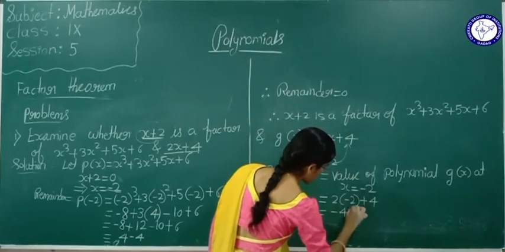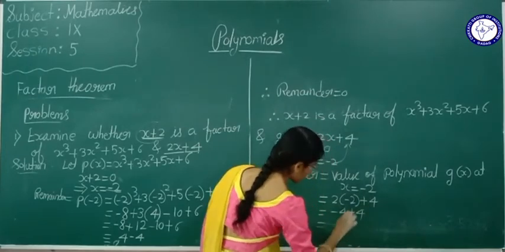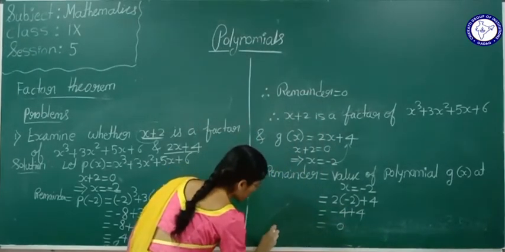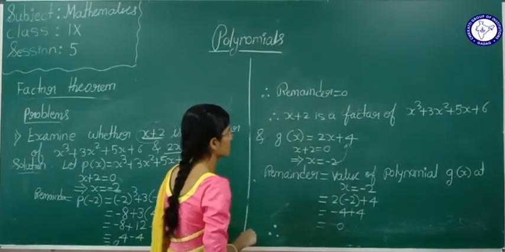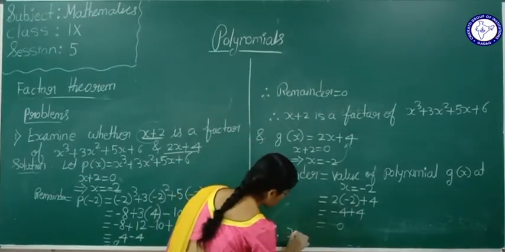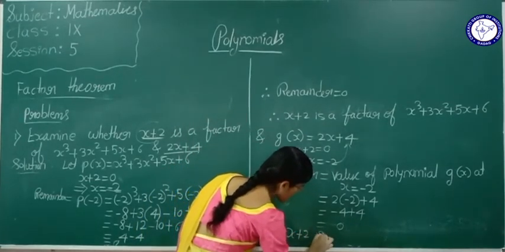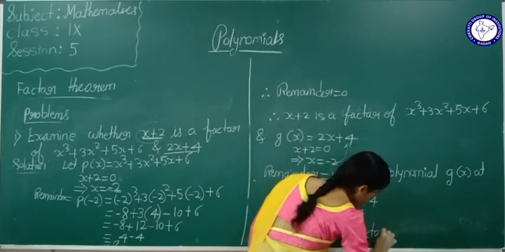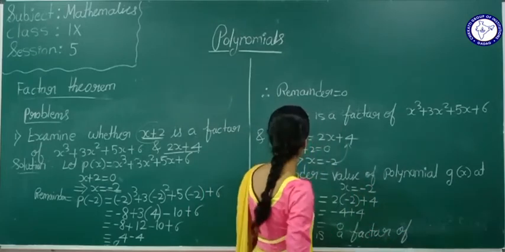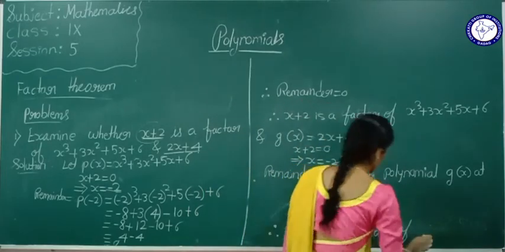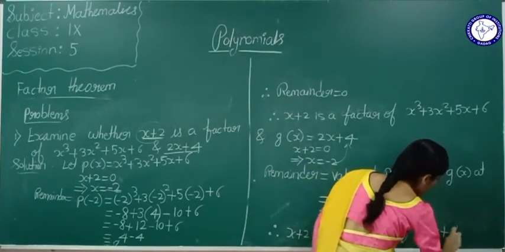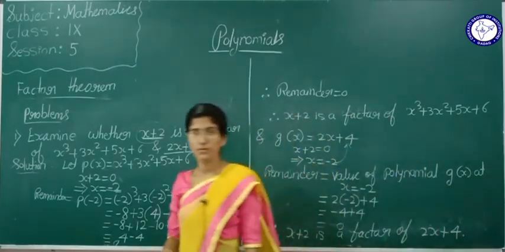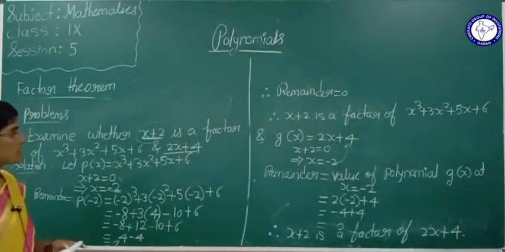Minus 4 plus 4 is 0. So what can we tell here? Therefore, x plus 2 is a factor of 2x plus 4. Okay, so this is about the first problem.